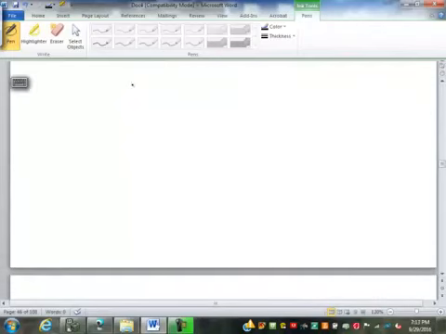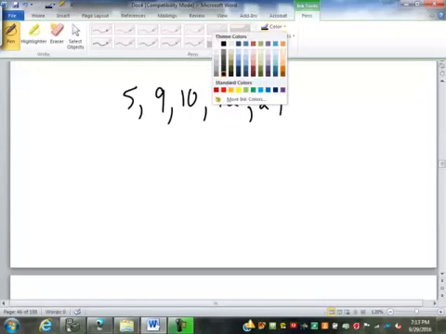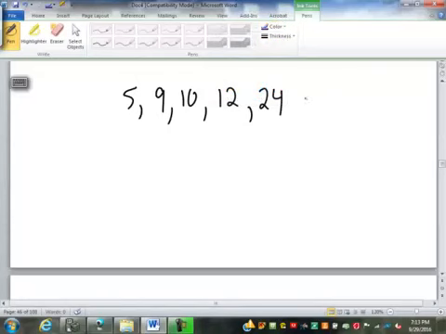I'm going to give you a data set, and we're going to put them in order to make it easy on us. Let's do that. Let's find the mean.